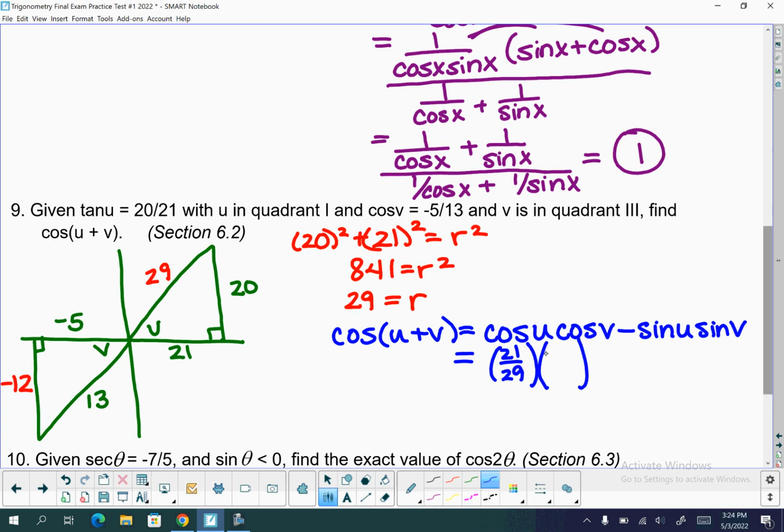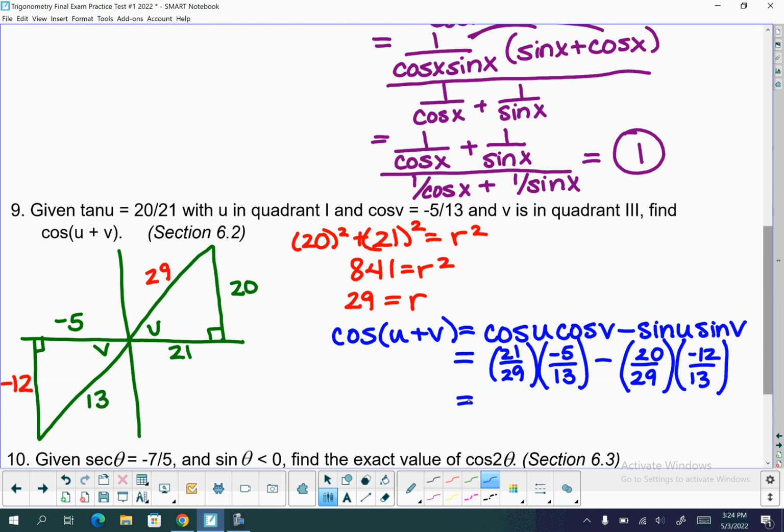Cosine of v was actually given, negative 5/13. Sine of u is opposite over hypotenuse, 20 over 29. And sine of v, opposite over hypotenuse in that triangle, would be negative 12/13.